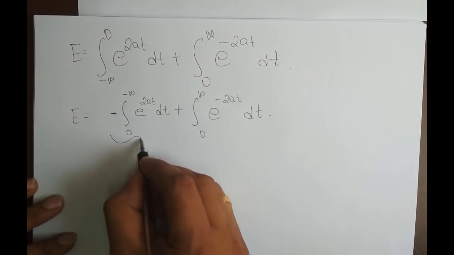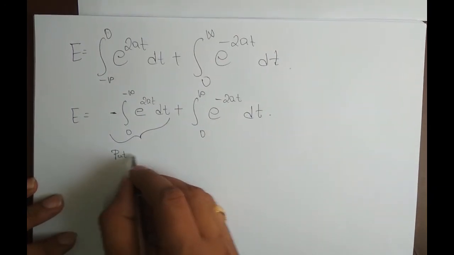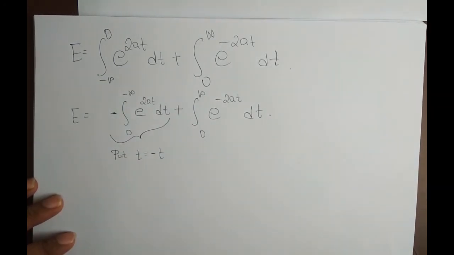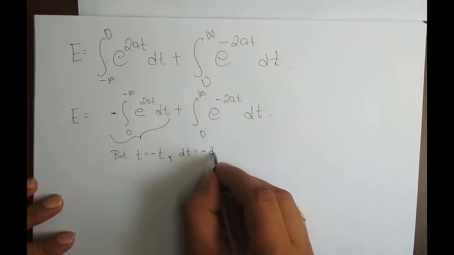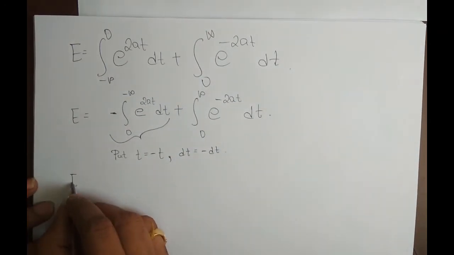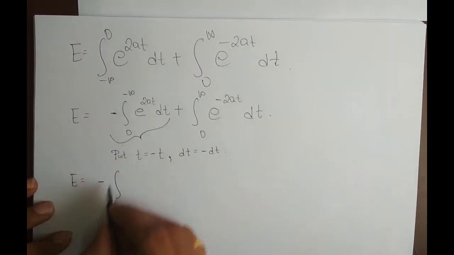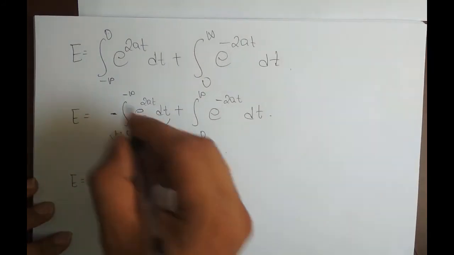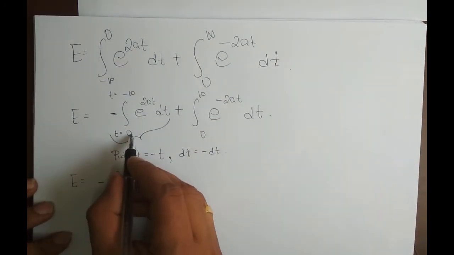So for first term, I'll put t is equal to minus t. So wherever t is there, I have to replace minus t. So what happens to dt? dt will be replaced by minus dt, right? So what do I get? E is equal to minus of, so t is varying from 0 to minus infinity. So now it is minus t is equal to 0.